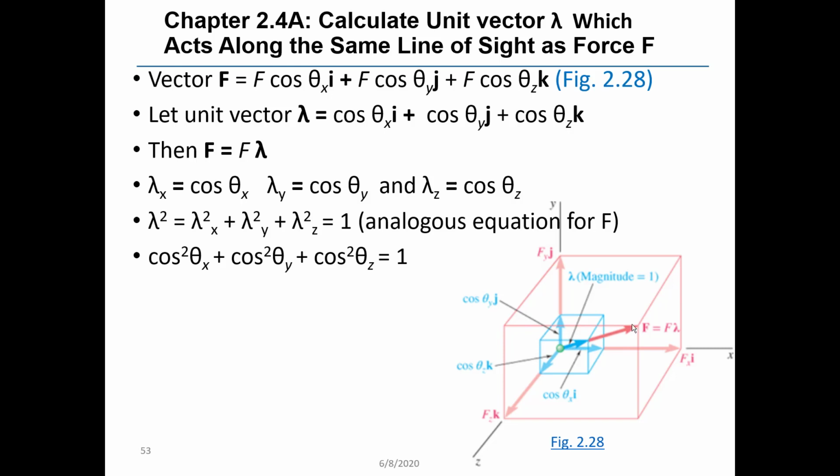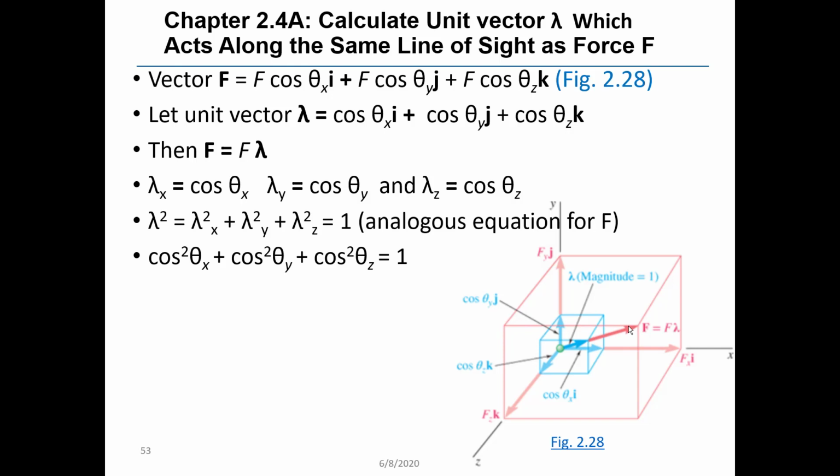We let unit vector lambda equal cosine theta x times i plus cosine theta y times j plus cosine theta z times k. In the unit vector, the multipliers of i, j, and k are our direction cosines. Force F is equal to magnitude F times lambda. Therefore, lambda and force F have the exact same line of sight because they're pointed in the same direction.